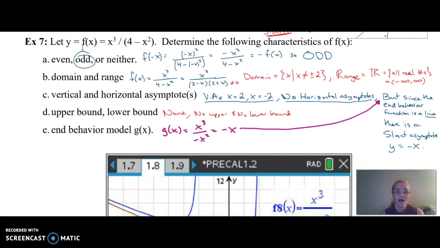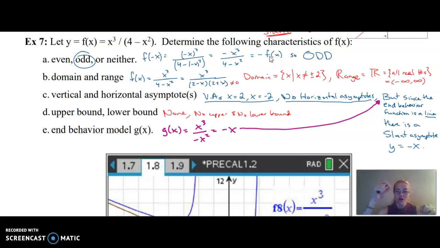All right, so when you're determining whether a function's even or odd, you start with f of negative x. And you'll remember if it's even, f of negative x is just equal to f of x, right? Even means it's symmetric about the y-axis, so positive x values and negative x values give you the exact same y value. If it's odd, f of negative x will equal negative f of x.